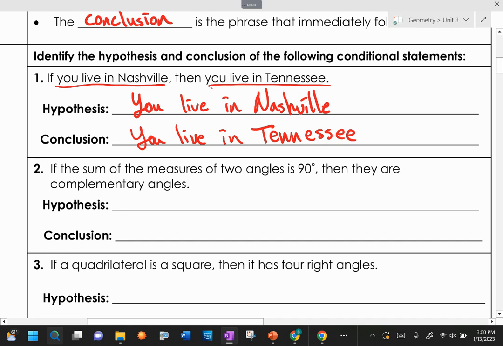Okay. Number 2. I would like for you to see if you can get down the hypothesis and the conclusion.